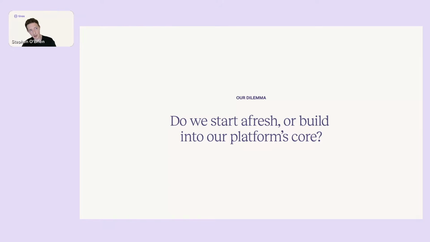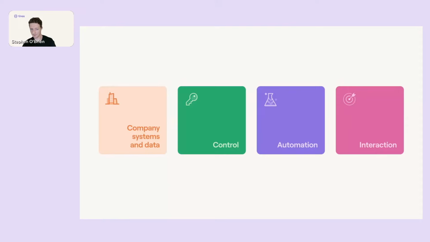So to answer how we ended up where we are, let's think about our platform. And you can consider Tines as being composed of a number of layers. The first layer is your actual company systems and data, or your organization systems and data, which is paramount, right? We have to access these in order to be able to do anything. Now, the only way that fantastic organizations will trust us to have access to these systems and data is if we have a very credible control layer, right?